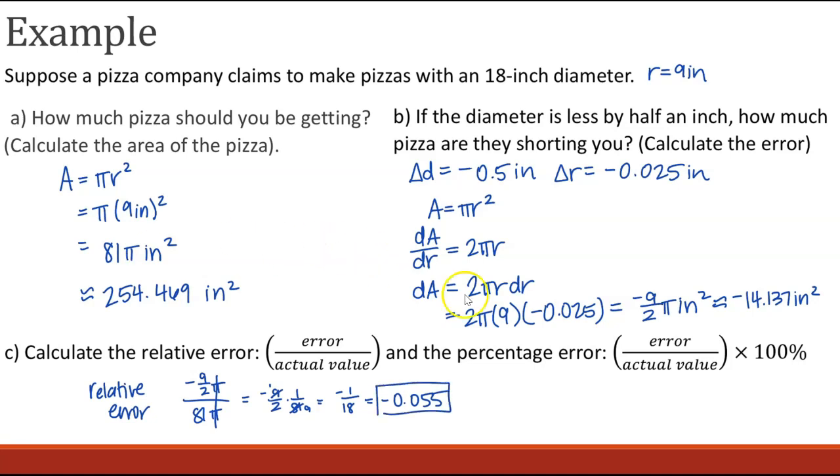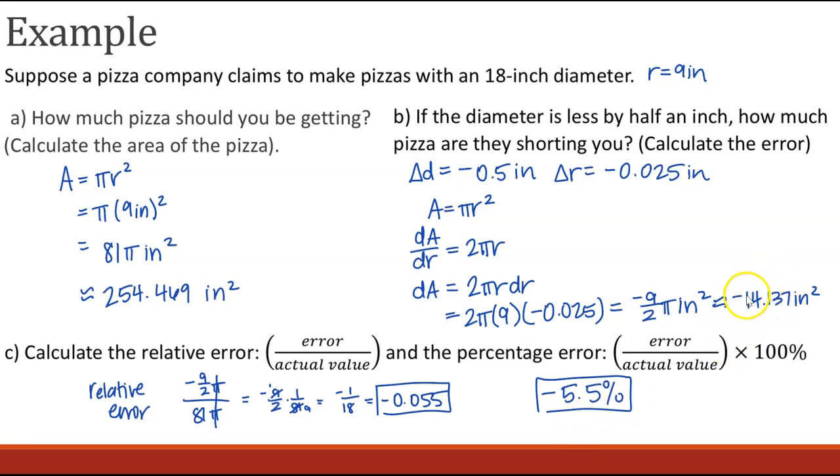And the percentage error is taking that value and multiplying it by 100, turning it into a percentage, which means really just taking the decimal and moving it 2 places to the right. So the percentage error is going to be negative 5.5%. And so that gives us a better idea of just how much pizza they're shorting us.